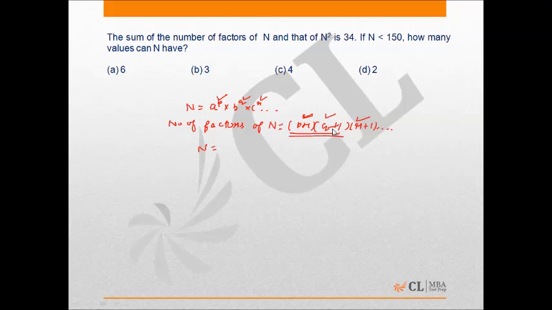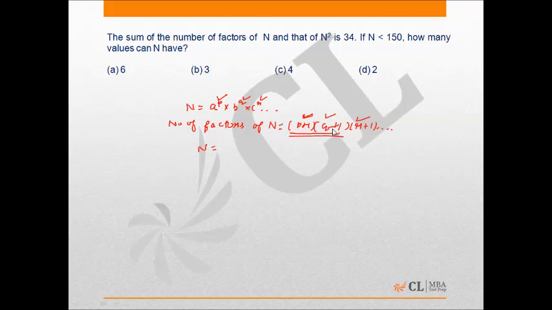and from here it can be noted that the sum of the number of factors of n and that of n square is 34, which is an even number, and we know that n square has an odd number of factors, that is, the sum of some odd quantity and one more quantity is 34.